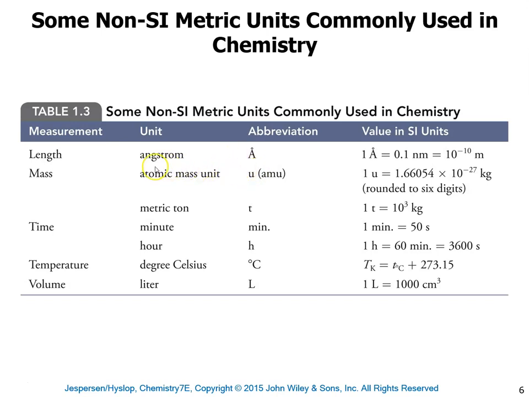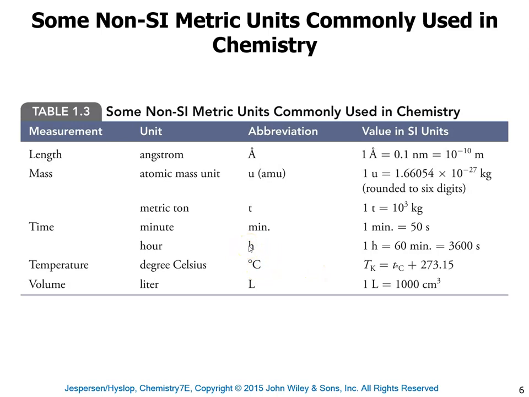If we're looking at atomic mass units, which we haven't talked about yet perhaps, maybe we're looking at how many protons or neutrons or electrons are found, and we're going to use the atomic mass unit to define that. A lot of times metric tons, minutes or hours, it just depends on the scale that you're most comfortable with.